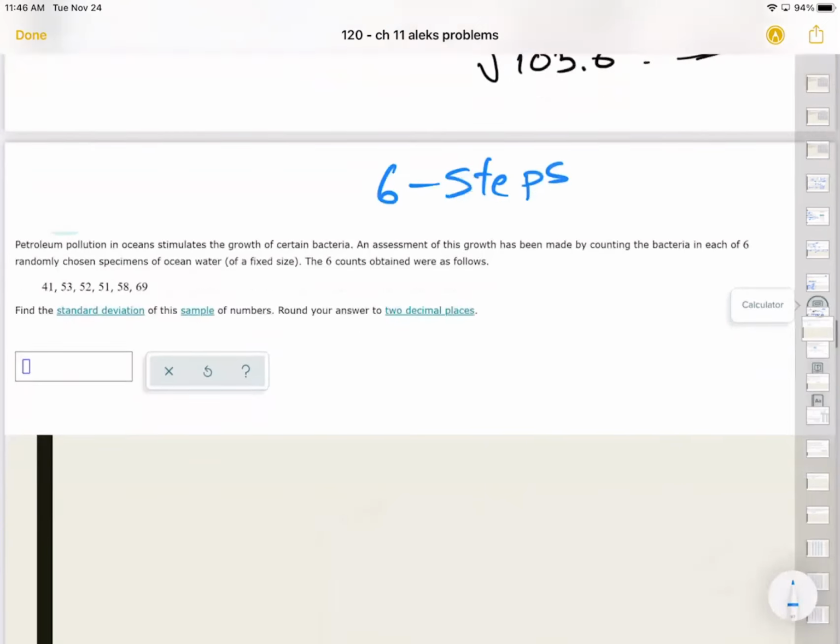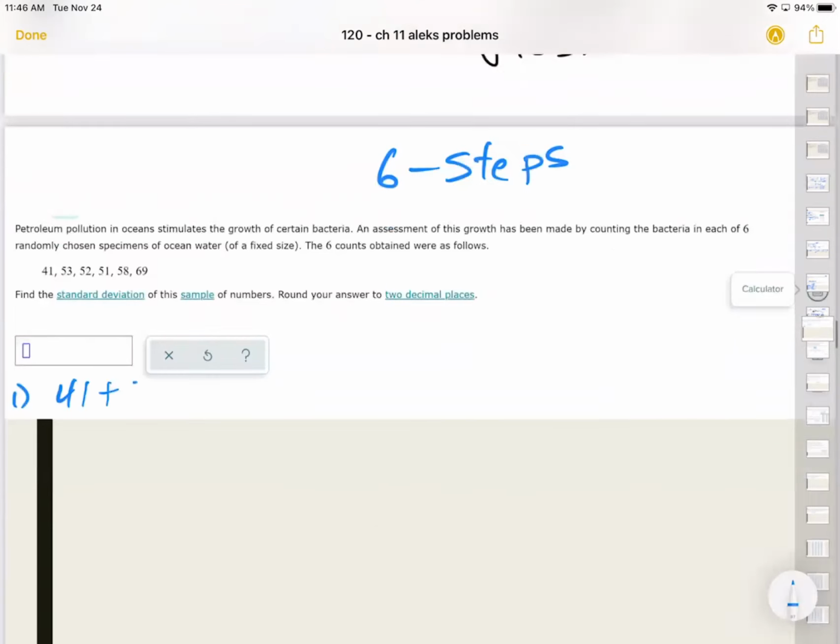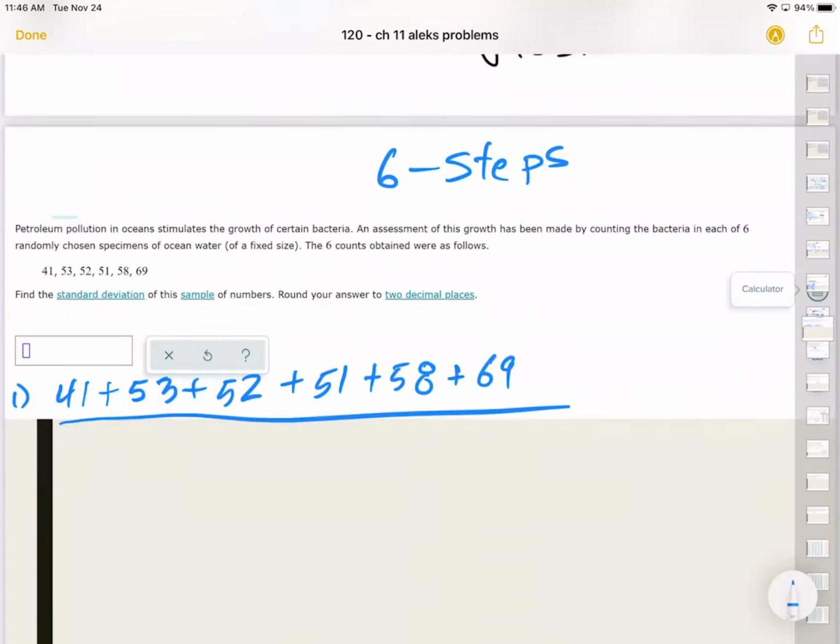The first step, we need to add these items up and divide it by the total number of items we have. And in this case, everybody see that we have 6 items. We have 6 count, and we need to add this thing up and divide it by 6.